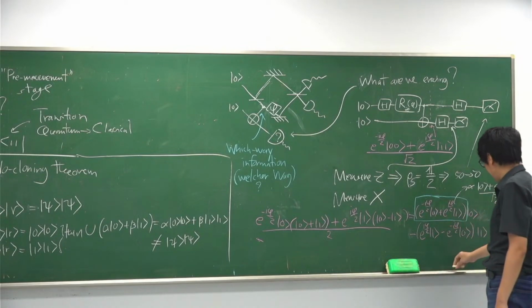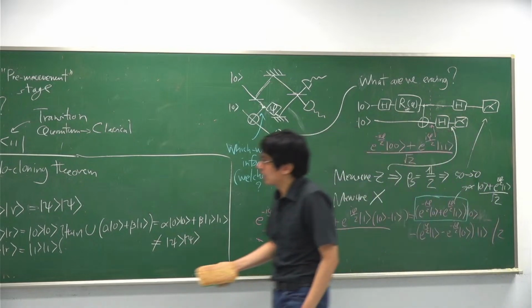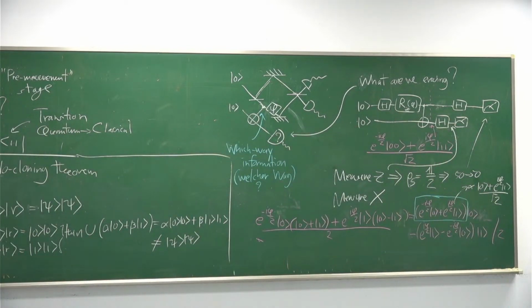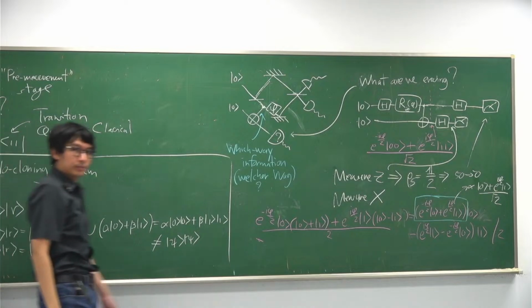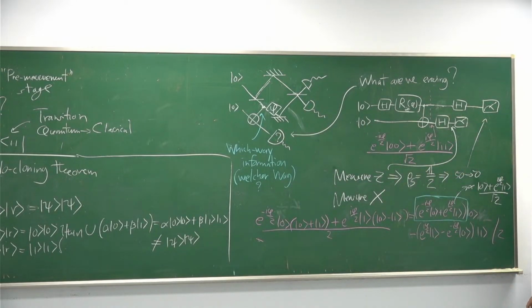If I get this state, I can... to not clutter it, let's draw it over here, and then we can stop for today. Which basis?